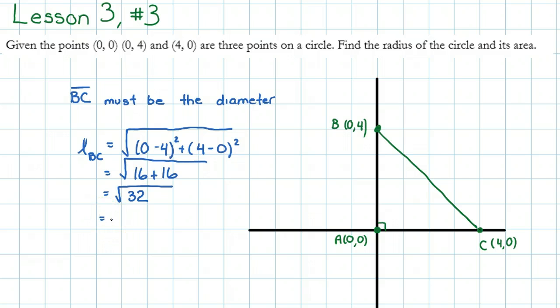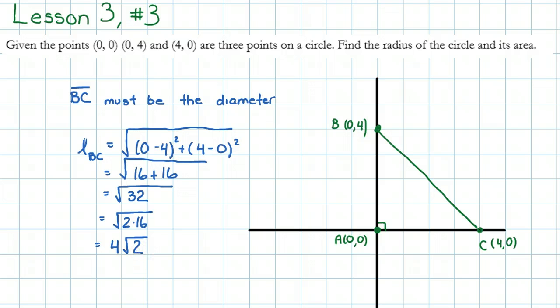Again we can apply some rules of radicals. I'm going to think of what is the perfect square that is a factor of 32, and of course nicely that is going to be 16. So this can be written as the square root of 16 times 2. And we know the square root of 16 is 4, and the root 2 is still there. So we can write this as 4 root 2.